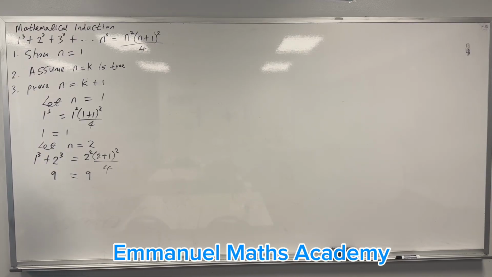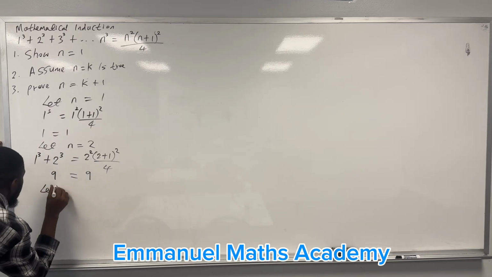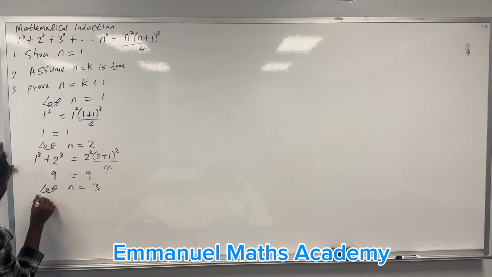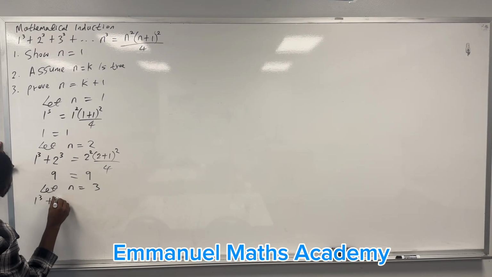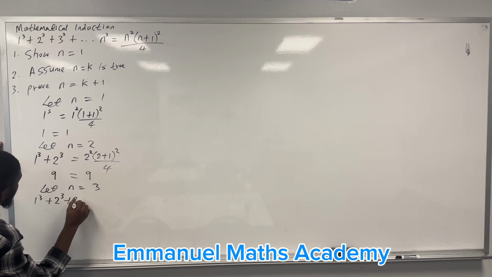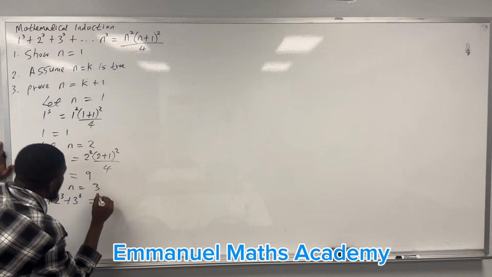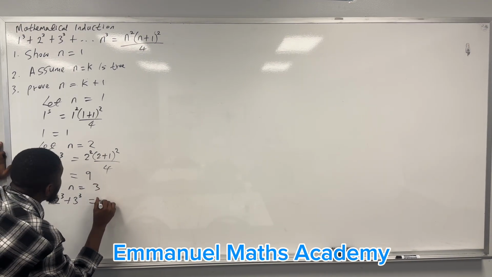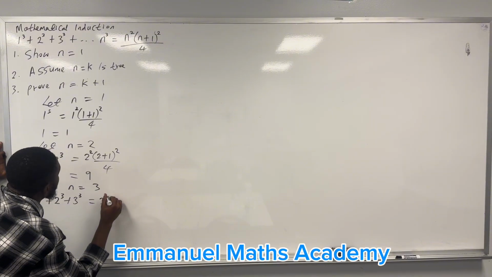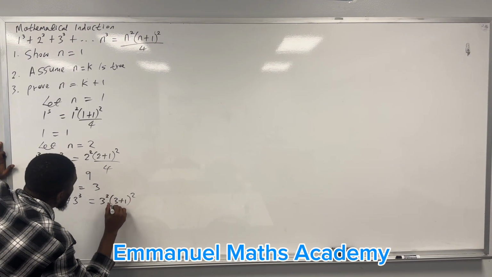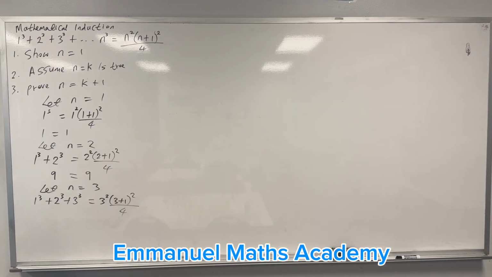Right? Good. So what about the next term? If you check for the next term, which is let n equal to 3, the first 3 terms again, 1 plus 2 plus 3 raised to power 3 is equal to whatever we have here: 3 squared, 3 plus 1 squared, over 4.